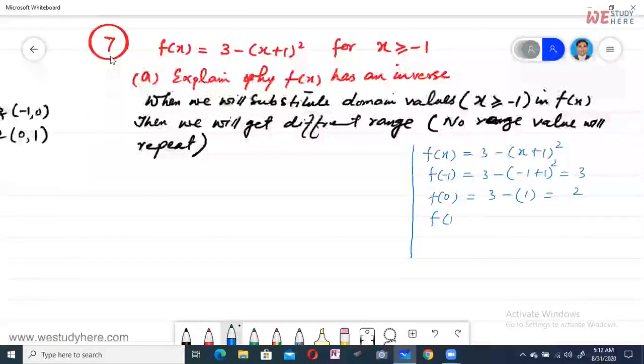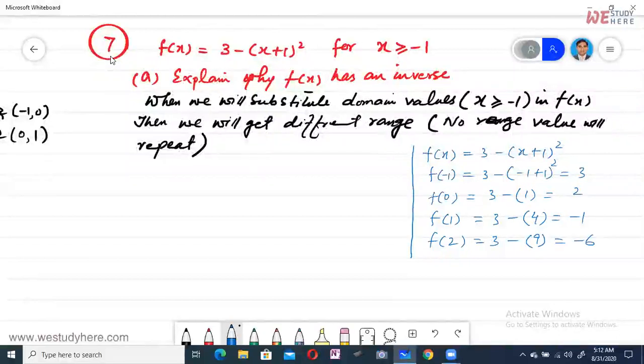Then x equal to 1, 3 minus (1 plus 1), 2 squared is 4, 3 minus 4 is -1. Then x equal to 2, 3 minus (2 plus 1), 3 squared is 9, 3 minus 9 is -6.